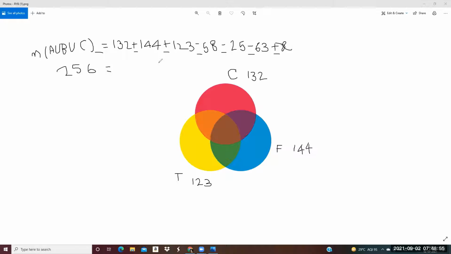So we perform this subtraction: 132 plus 144 plus 123 minus 58 minus 25 minus 63, which comes to 253. And then we have plus x.